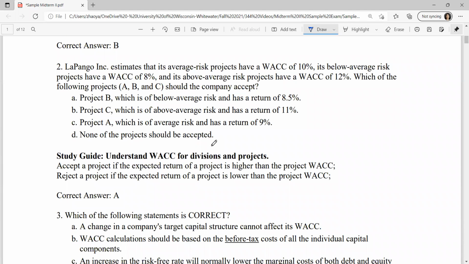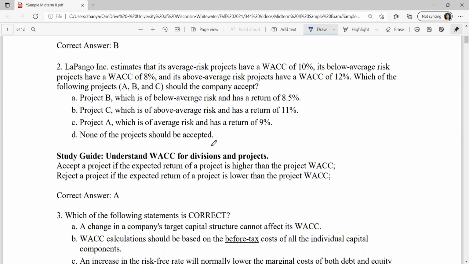Question 2. Lapengo estimates that its average risk projects have a weighted average cost of capital of 10%. Below average risk projects have a weighted average cost of capital of 8%. And its above average risk projects have a weighted average cost of capital of 12%.